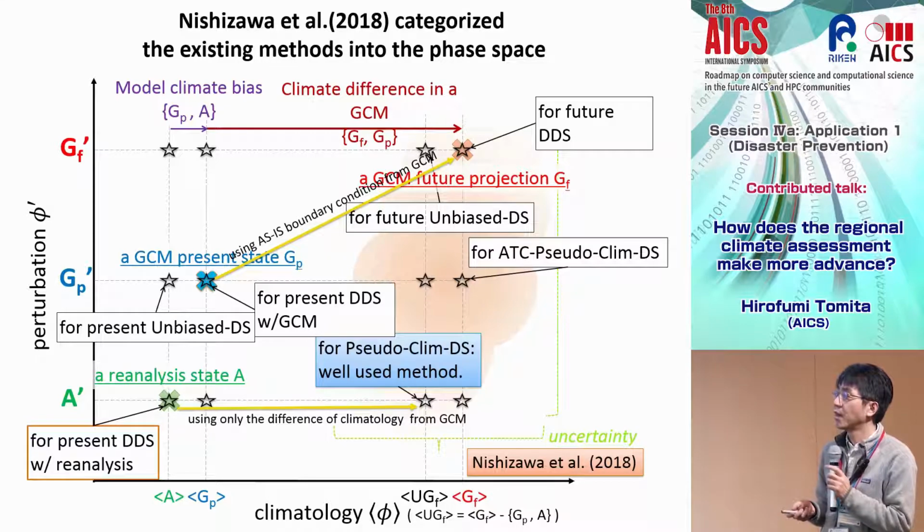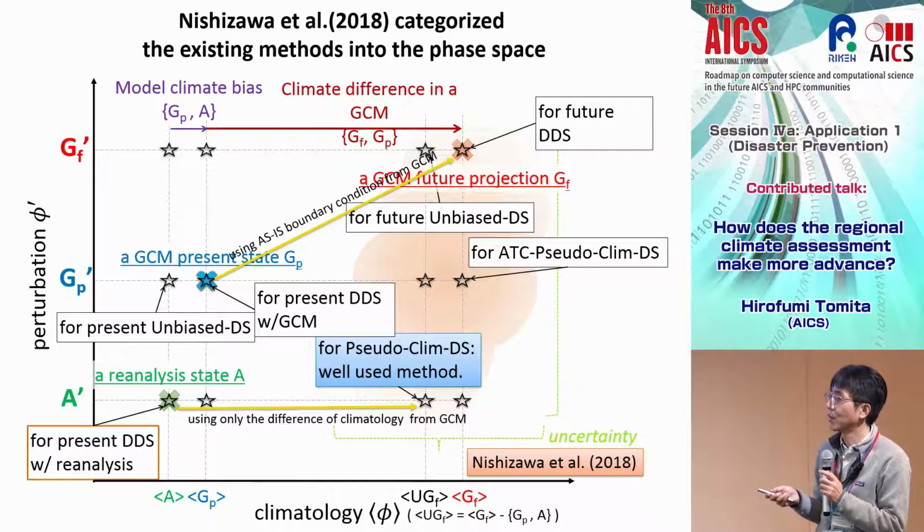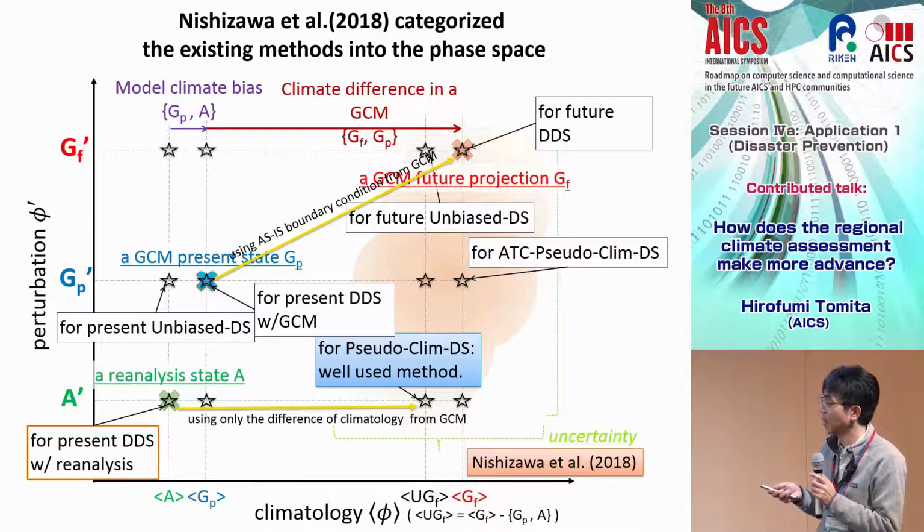and we usually use the downscale technique as is. That is a direct downscale. In this simulation, we directly use the GCM boundary condition. This is called direct downscale.